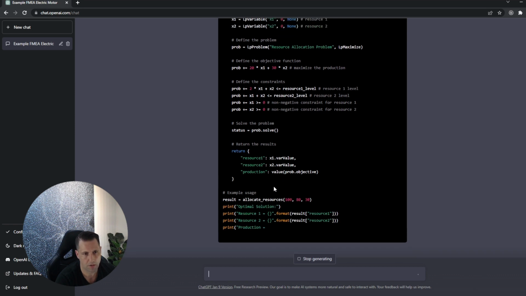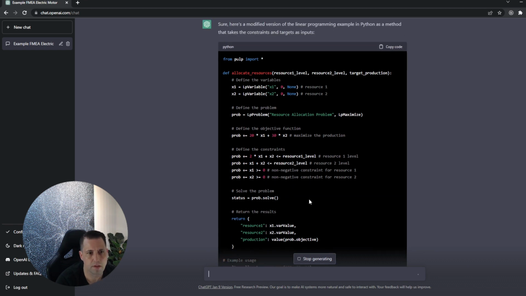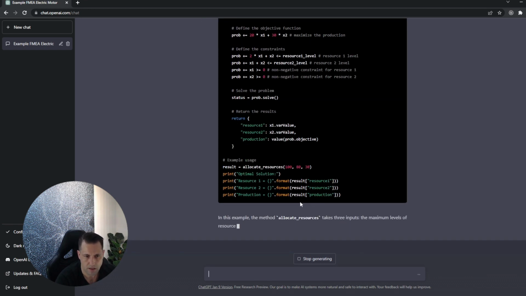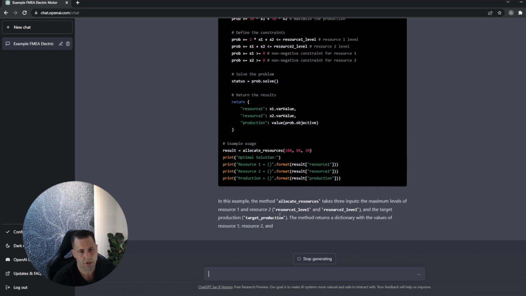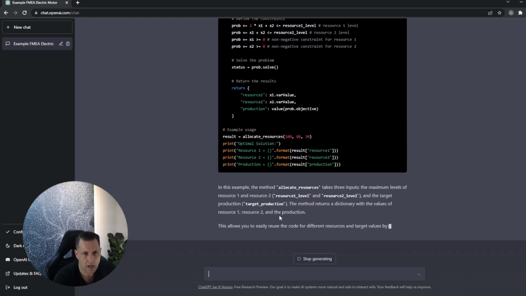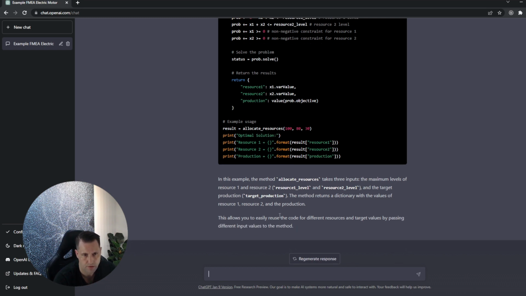Yeah, cool. It comments it and everything, which is really awesome. And then it goes on and explains it. So you can almost copy and paste this in. Obviously, this isn't going to solve a usable business problem straight off the bat.